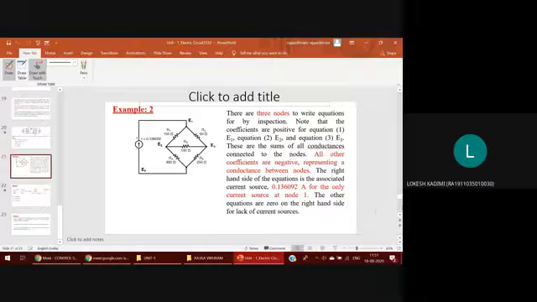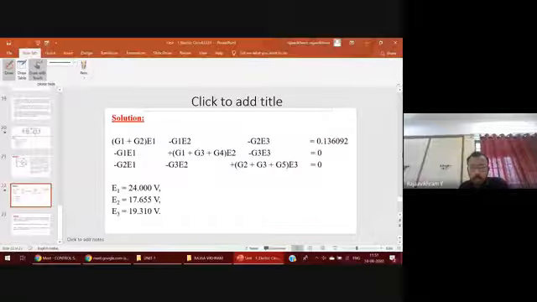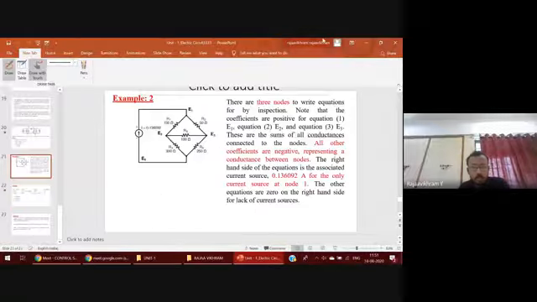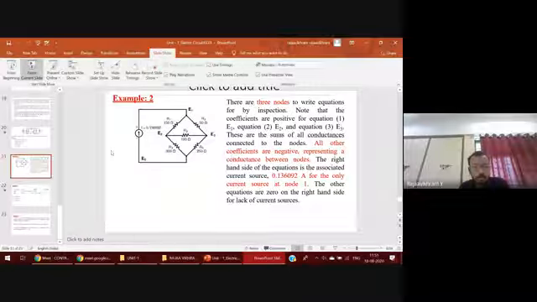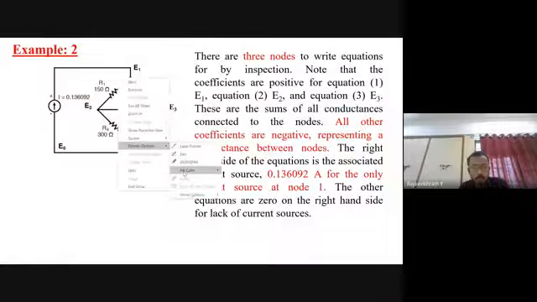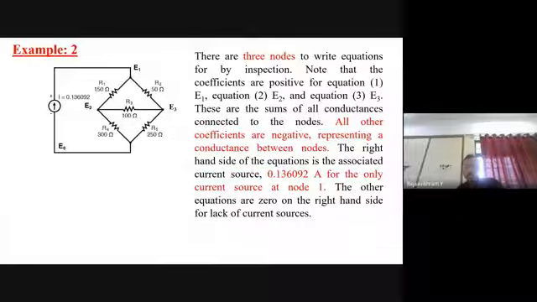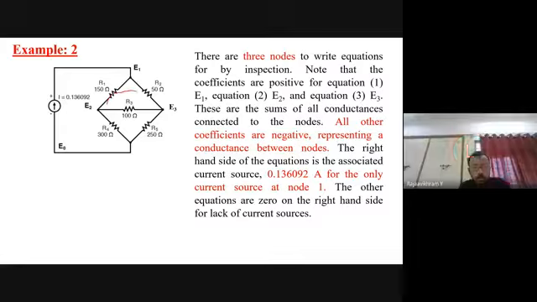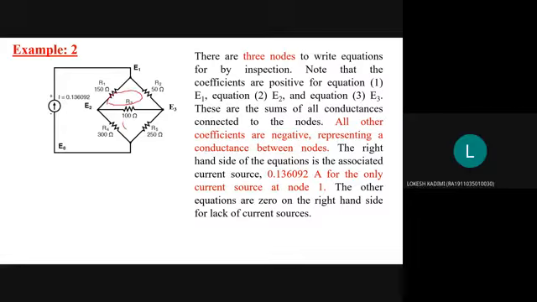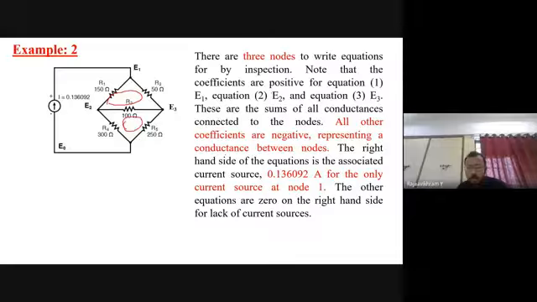So this is the first one, this is the second one, and the other node is the third one.